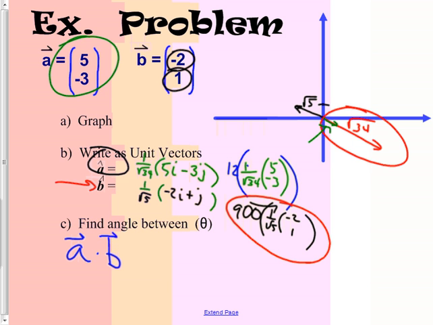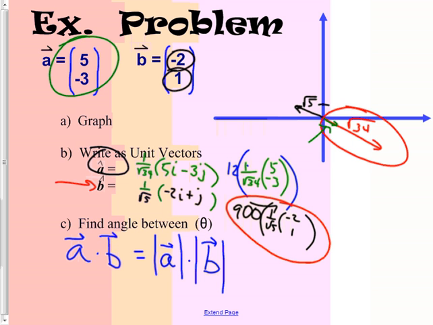All right? The dot product of them will equal the magnitudes of them. Remember, these bars mean magnitude of. The magnitude of the A vector times the magnitude of the B vector, and this dot is not a dot product because they are magnitudes.